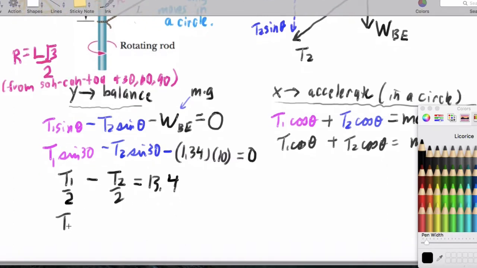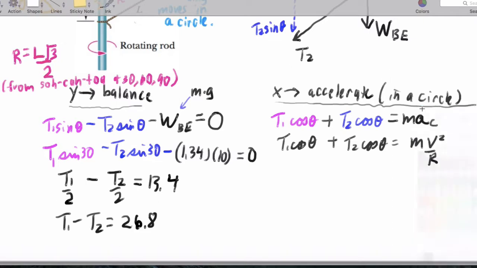And we can just say T1 minus T2 is 26.8. We really can't do any more with that, so we need to go to the second formula. In the x direction, we're going to say T1 times radical 3 over 2 plus T2 times radical 3 over 2, because this is the cosine of 30.